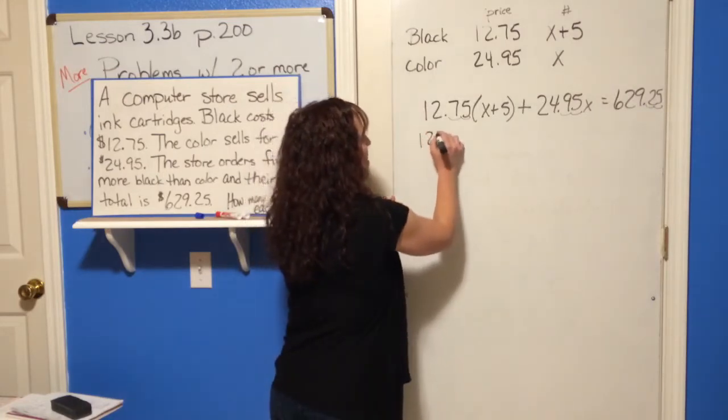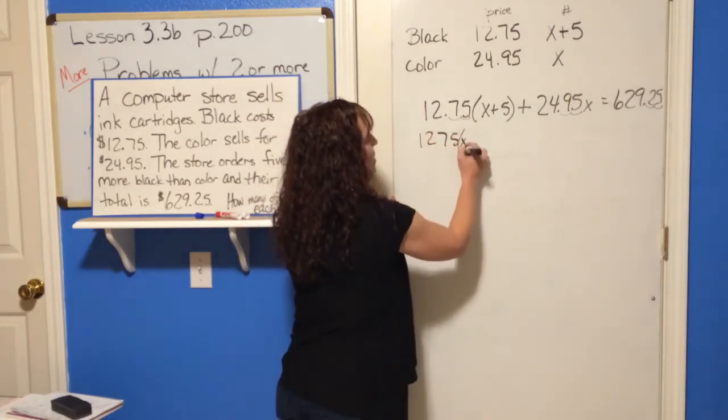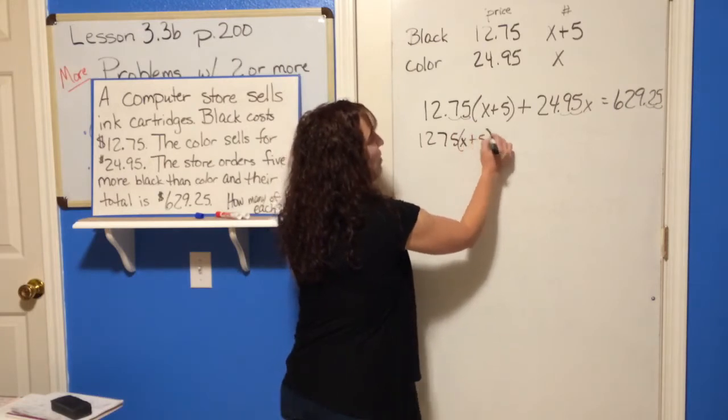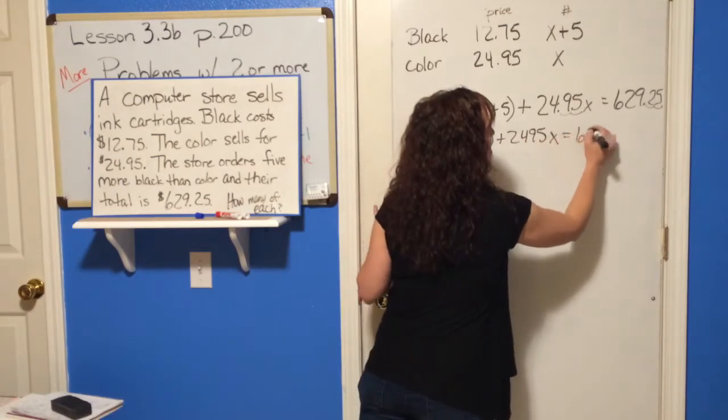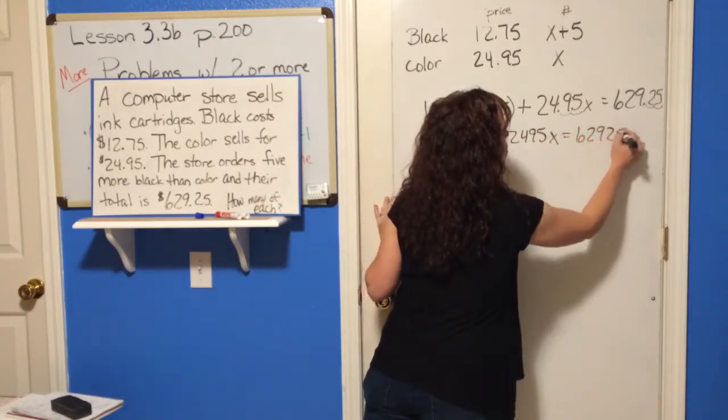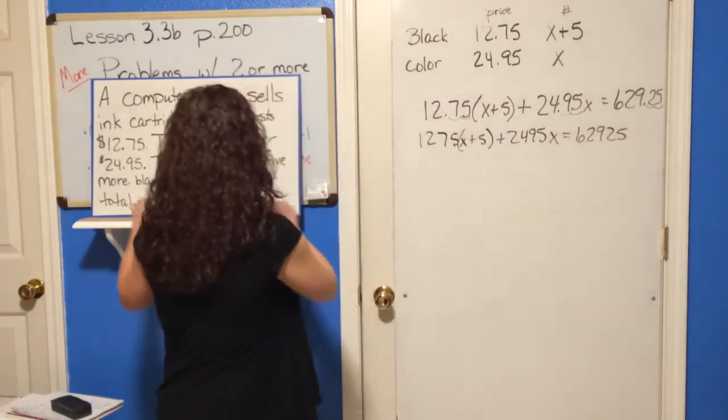So we have 1,275 times (x plus 5) plus 2,495x equals 62,925. All right.